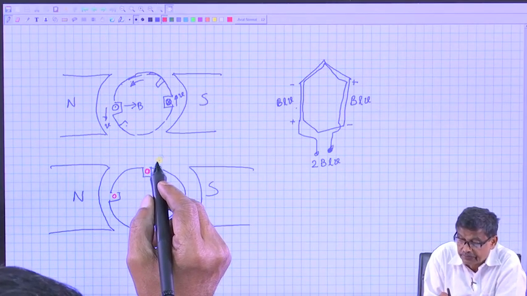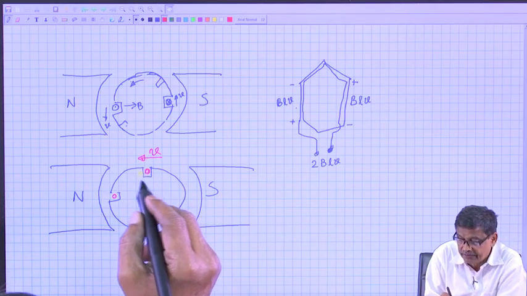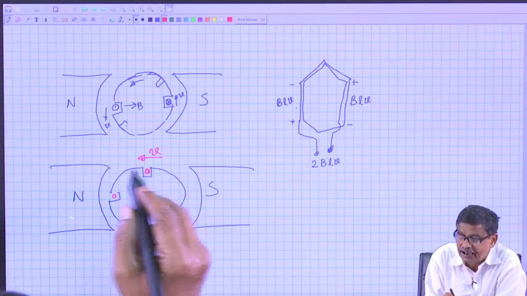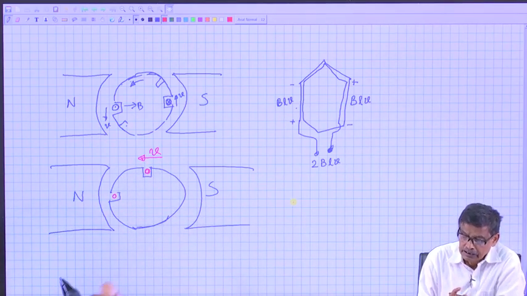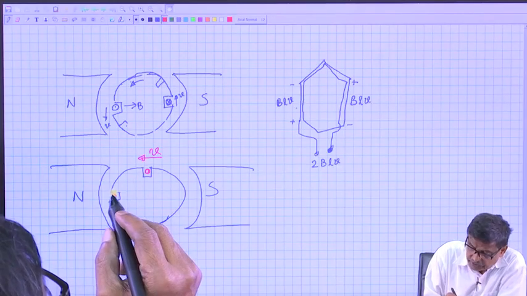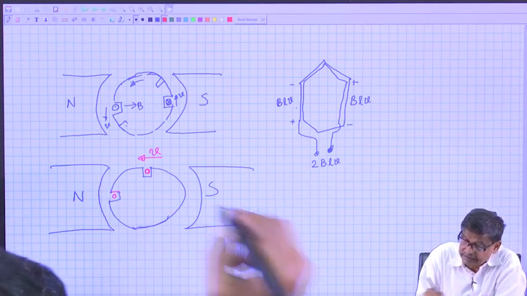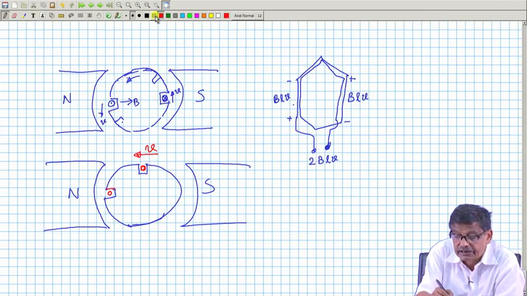If velocity is this way, can this conductor produce voltage? No, because B and V are along the same lines, B is from left to right. Therefore, in this case, of course, at this instant there will be induced voltage. Under this condition, what will be the nature of the voltage?